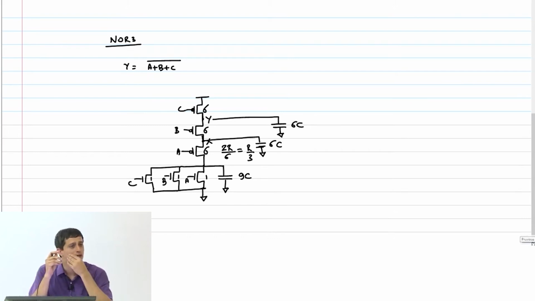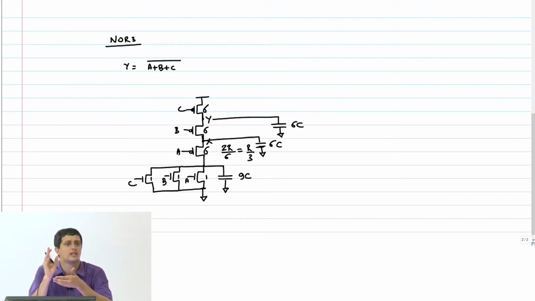So remember that for shared contacted diffusion, only in this NAND and NOR case, simple cases, it's easy to figure out without doing the layout. Otherwise you have to go into the layout to figure out what happens. We are not worried about those things right now, in the sense that ultimately when you do a simulation with the layout extracted netlist, you will get all that information appropriately. But it's not easy to always say, if I give you any arbitrary circuit, how many of them will be shared uncontacted or shared contacted diffusions.